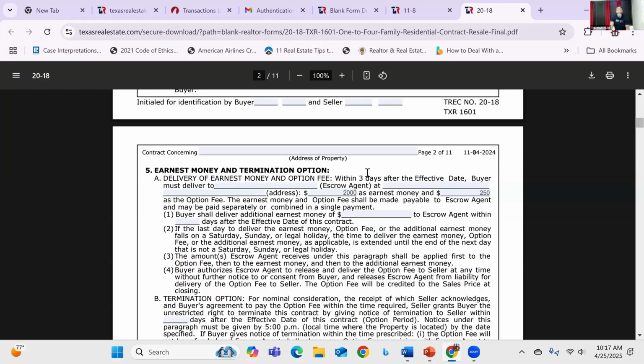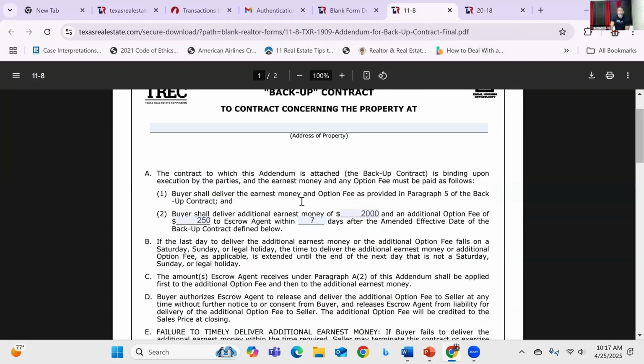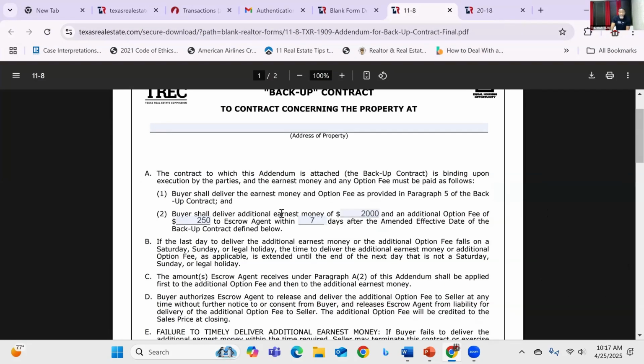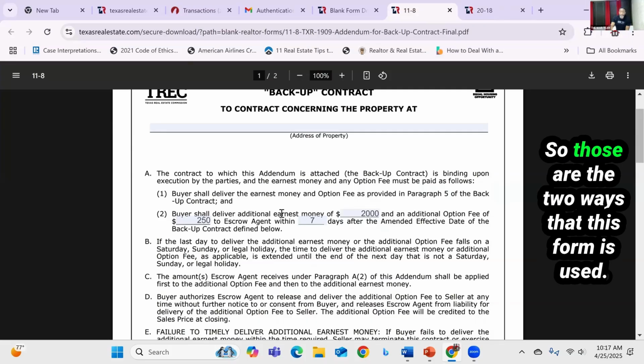They would have to do it now, as opposed to doing it like this, where they wouldn't have to do that until they were notified that they are in first position. So those are the two ways that this form is used.